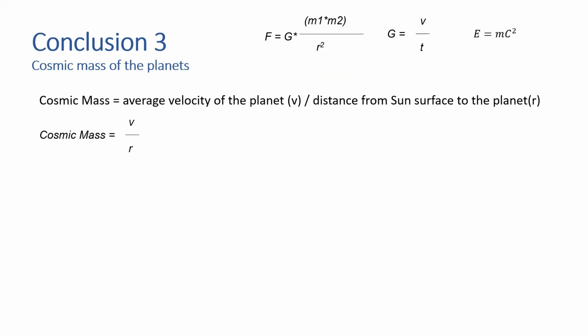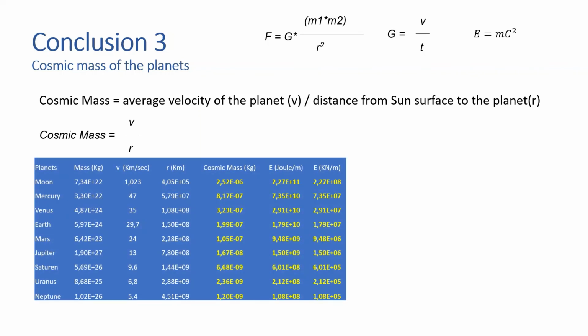And then we have the equation called the cosmic mass, which is the average velocity of movement of the planet divided by the planet's distance from the sun. If we have this equation, and we have also many other parameters, we can calculate the mass of the planet in the space.